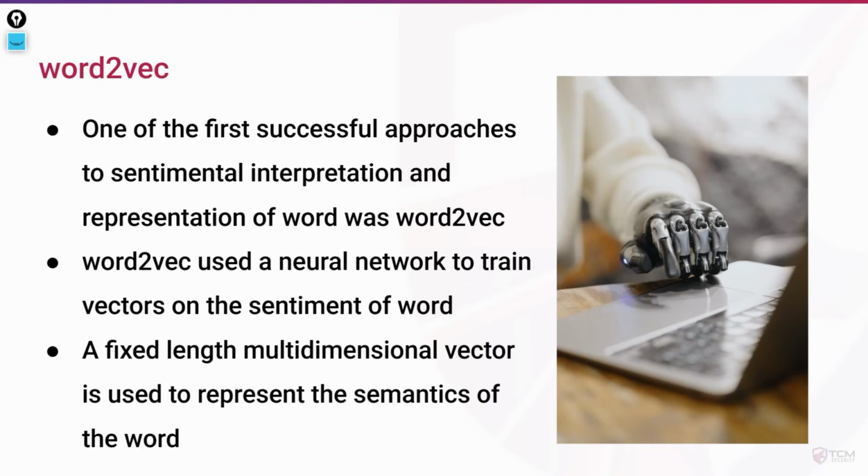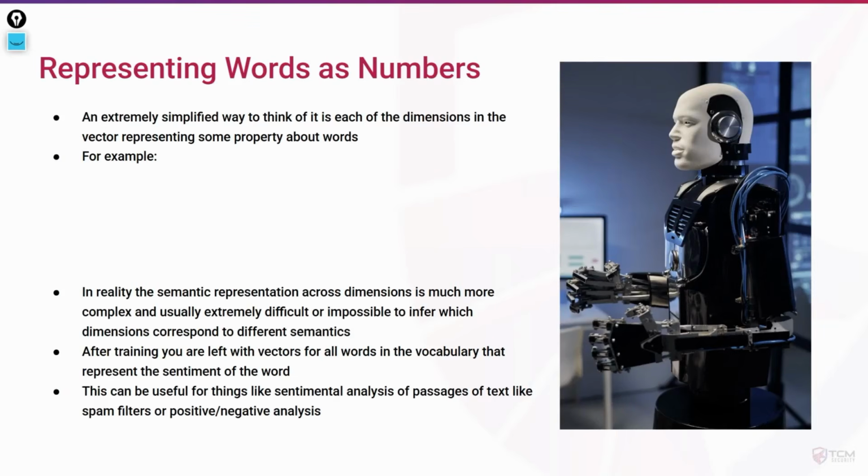The weights from the input to the hidden layer then give the representation of that word in the middle. Those weights were turned into a fixed length multi-dimensional vector, which is used to represent the semantics of the word. If not all of that made sense, let me put it in an extremely simplified way: think of each dimension in the vector as representing some semantic property about the word.